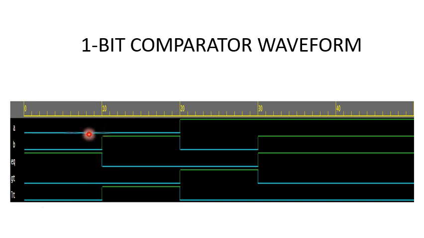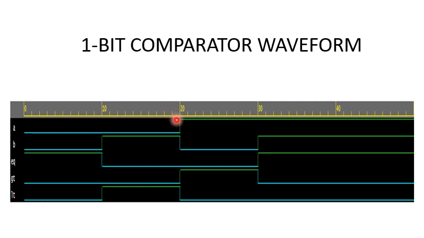When A is 0, that is our #10 we have given, #10 means 0 plus 10, after 10 time units. So at 10 time units we have made A is 0 and B is 1. Okay. So for this A is 0, B is 1. For this A less than B, this output is 1 and the other two outputs are 0.